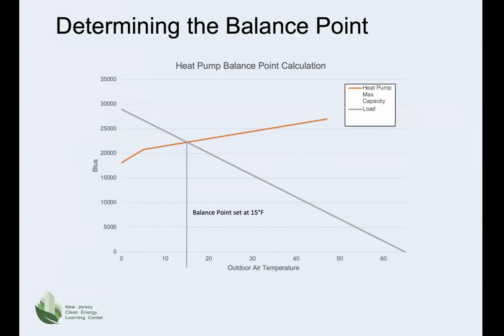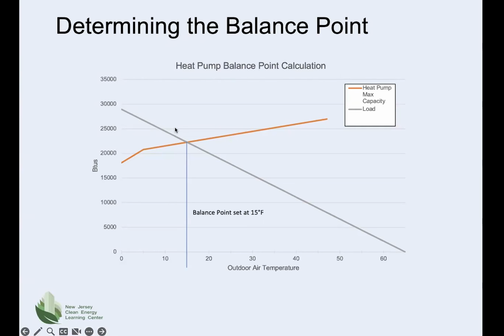This slide shows how the balancing point is determined, and that's at the point where the capacity of the heat pump intersects with the load line. It's shown here where the balancing point in blue is indicated at a temperature of 15 degrees.